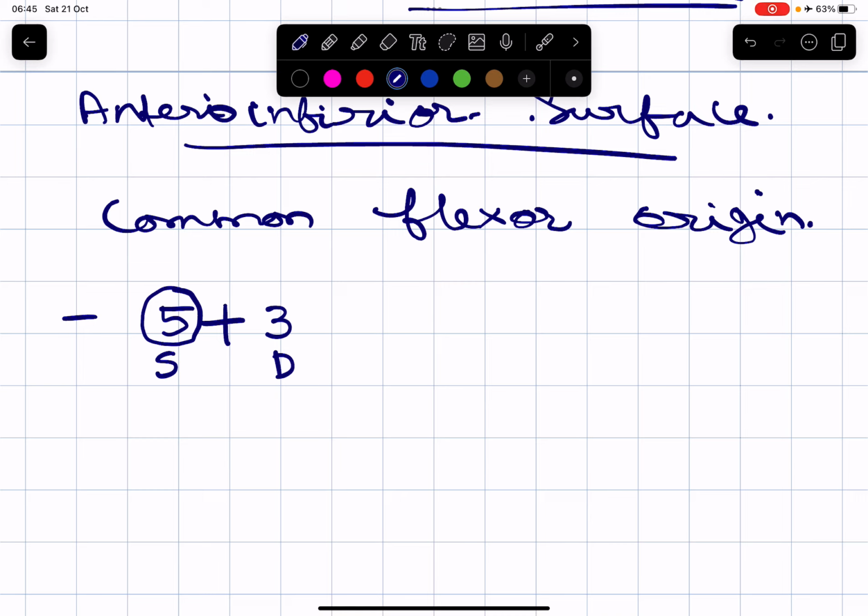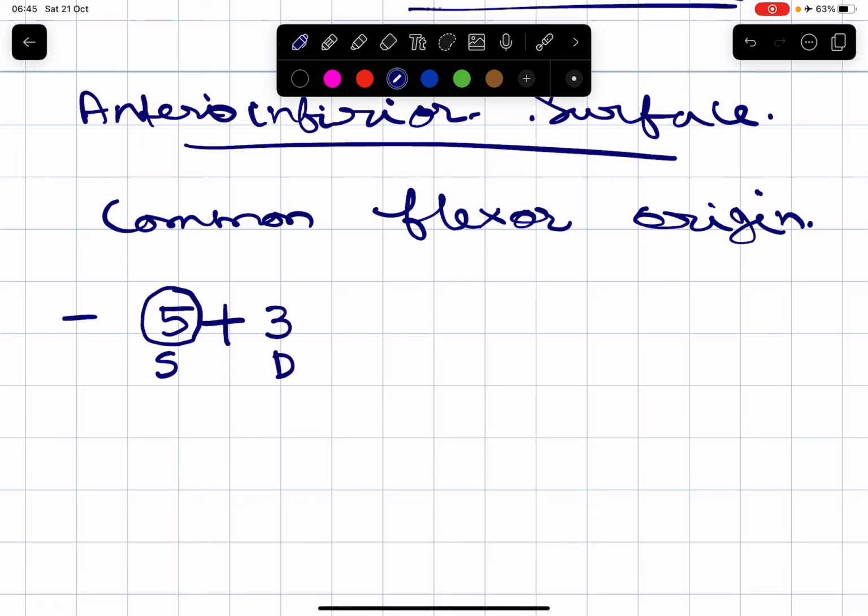Okay, I'm just mentioning the names. You don't have to worry about these muscles at this point of time. These are the muscles of the front of the forearm, arranged in 2 groups, superficial and deep. The superficial flexor muscles take origin from the medial epicondyle.